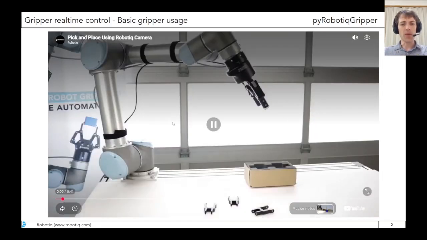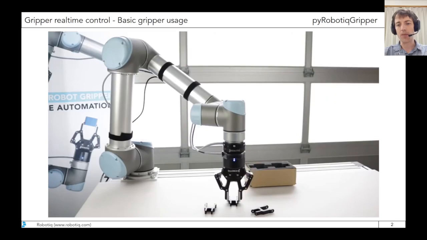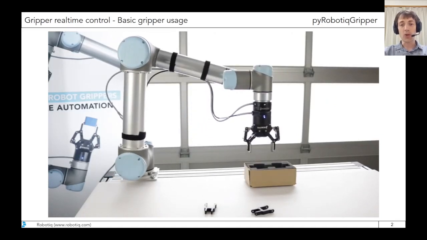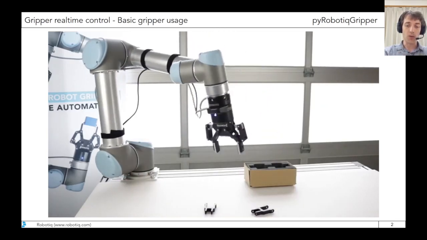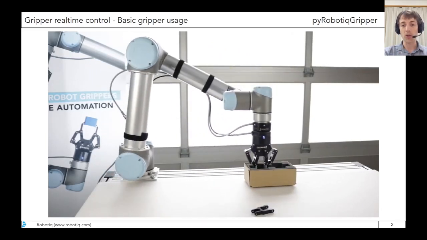So first of all, before we start speaking about the real-time control of the gripper, I would like to show you the basic use case of the gripper. Here, this is a basic pick and place performed with our gripper. In those basic cases, the gripper control is pretty simple. The robot goes to the part, where you need to make the picking, and we send a single command to the gripper, a close command.